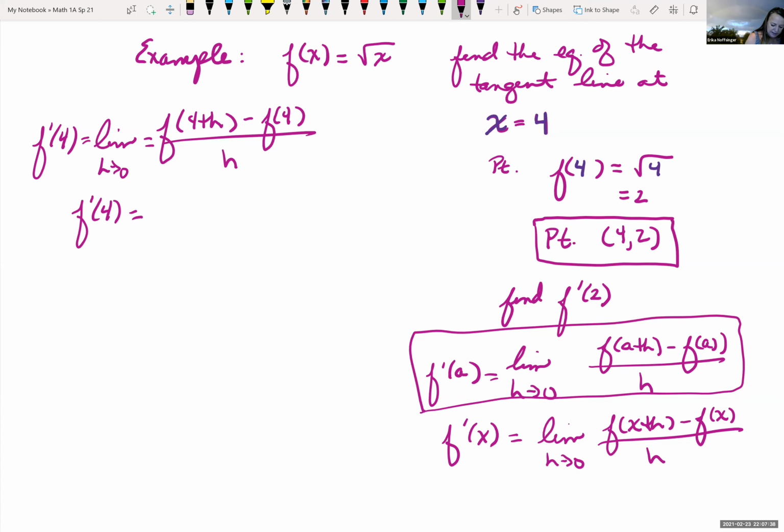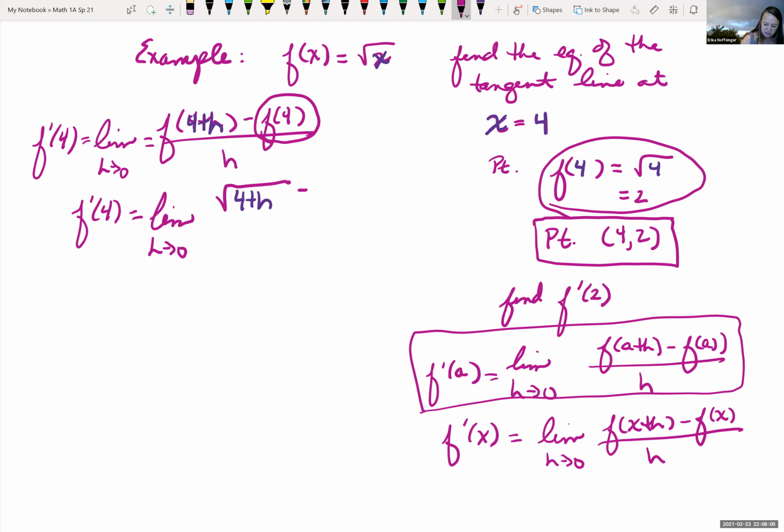And so if I plug in 4 plus h wherever I saw an x in f of x, this is equal to the limit of the square root of 4 plus h minus f of 4. But notice we already found what f of 4 was. f of 4 was 2, so minus 2 all over h.